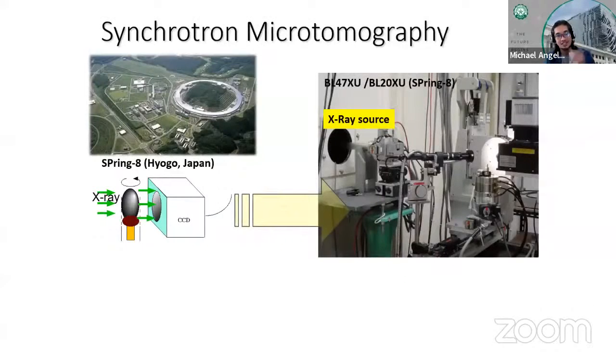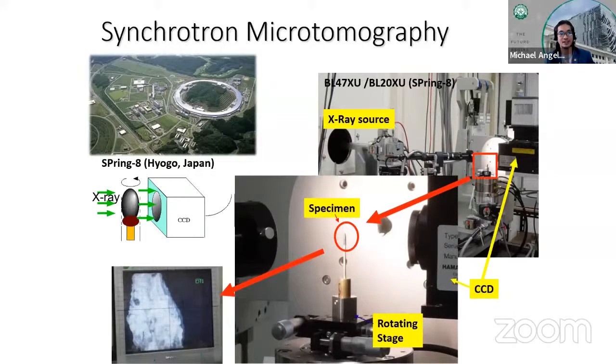And this is the place where we have our synchrotron microtomography experiment. And of course, this is an example of the very small specimen that we have. I will not give you the details of the setup, but as you can see, we use the parallel beam from this setup.